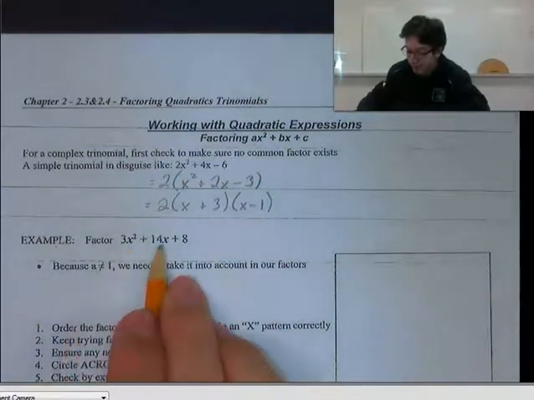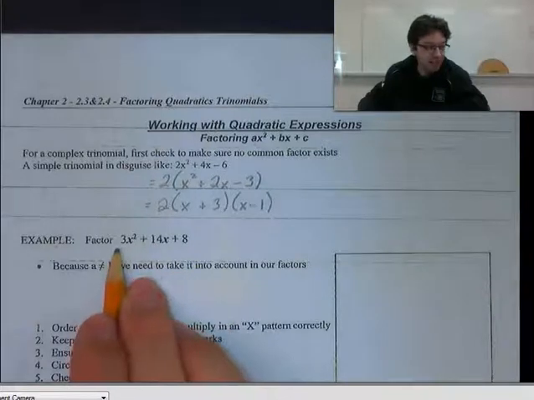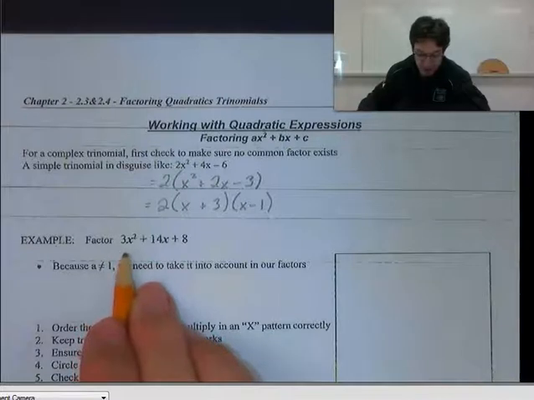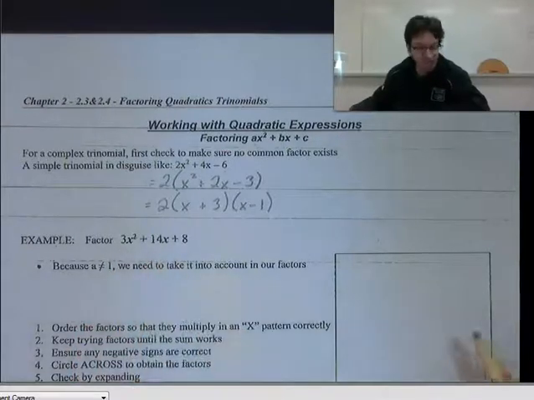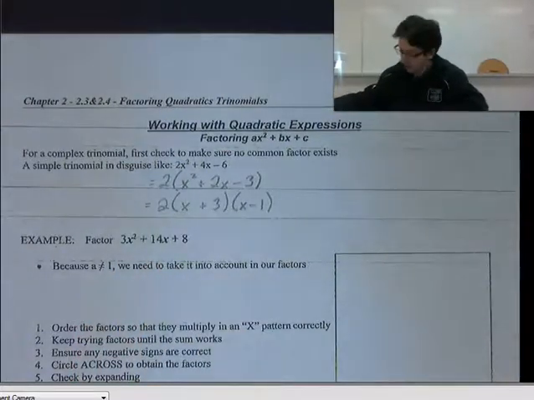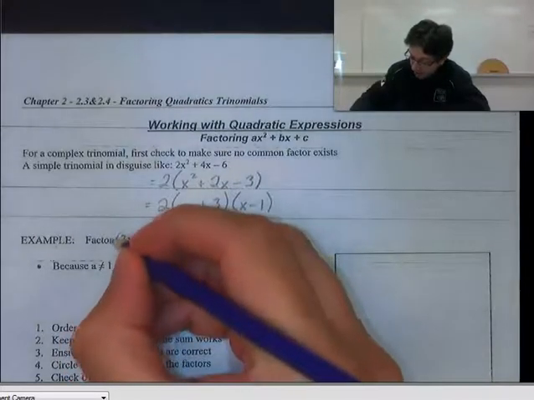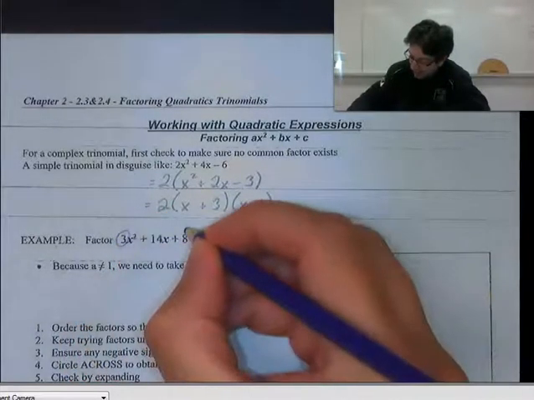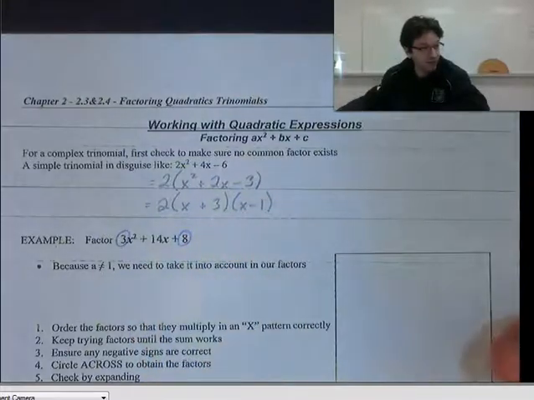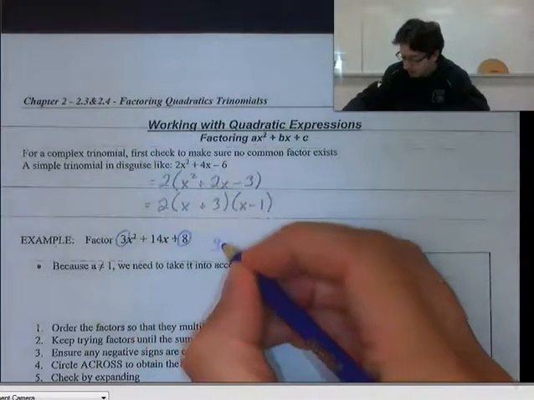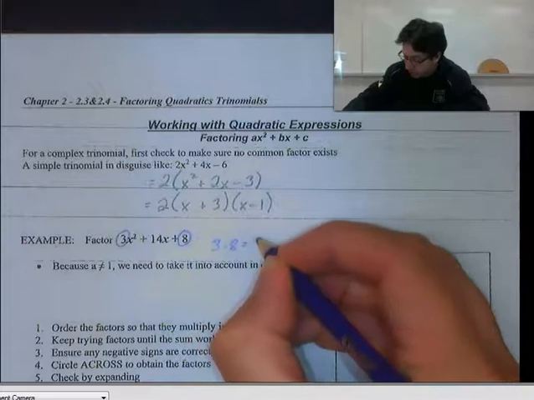Okay, but this one down here, I don't see a common factor there. So this is definitely a tricky trinomial. Now with decomposition, what we did was we would take the a and c coefficients and multiply them. So 3 times 8, which is 24.